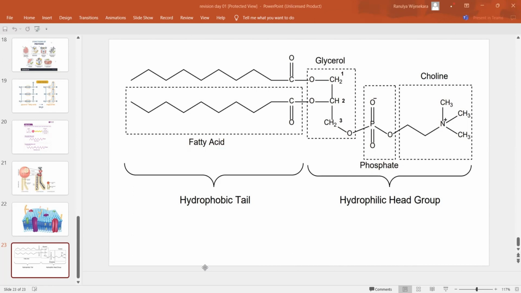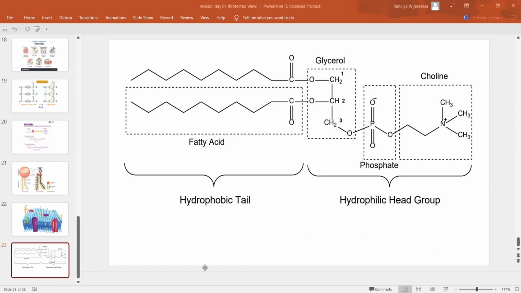Made up of saturated fatty acids, with hydrocarbon chains having no double bonds. Next point. Mostly solid at room temperature. Example, animal fat or butter.